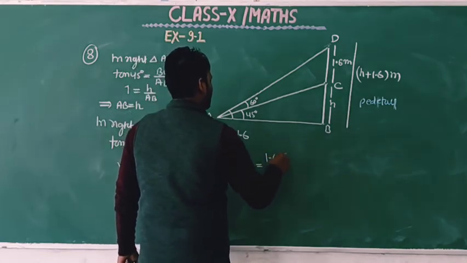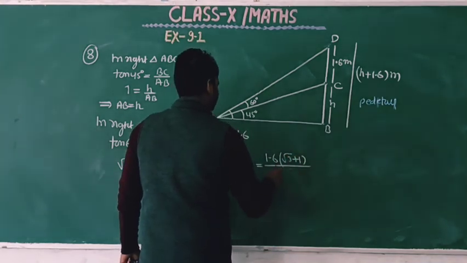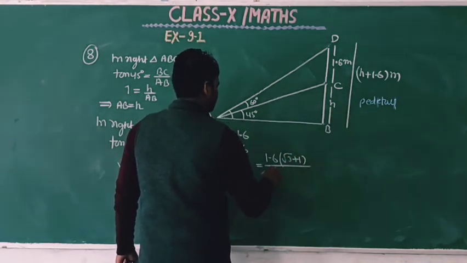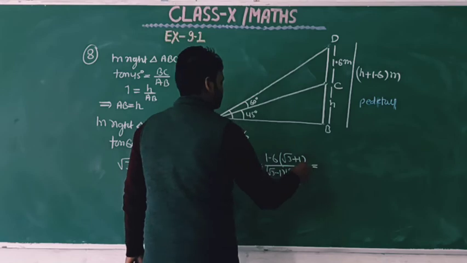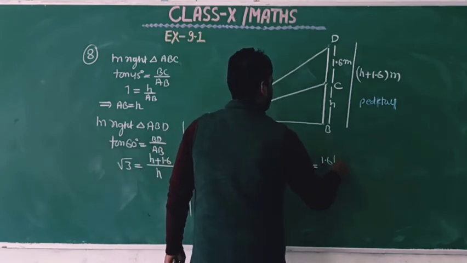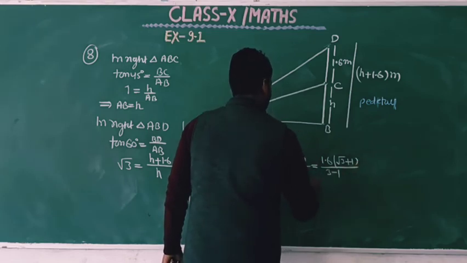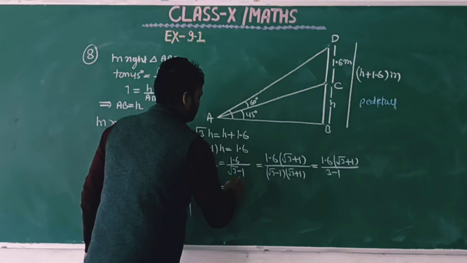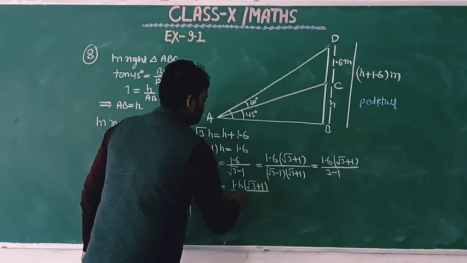This becomes 1.6 times root 3 plus 1 upon root 3 minus 1 into root 3 plus 1, which is 1.6 times root 3 plus 1 upon 3 minus 1, equal to 1.6 times root 3 plus 1 upon 2.